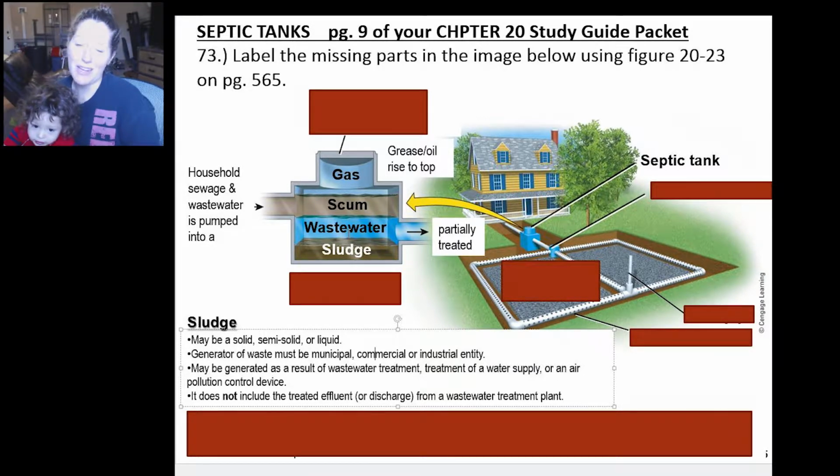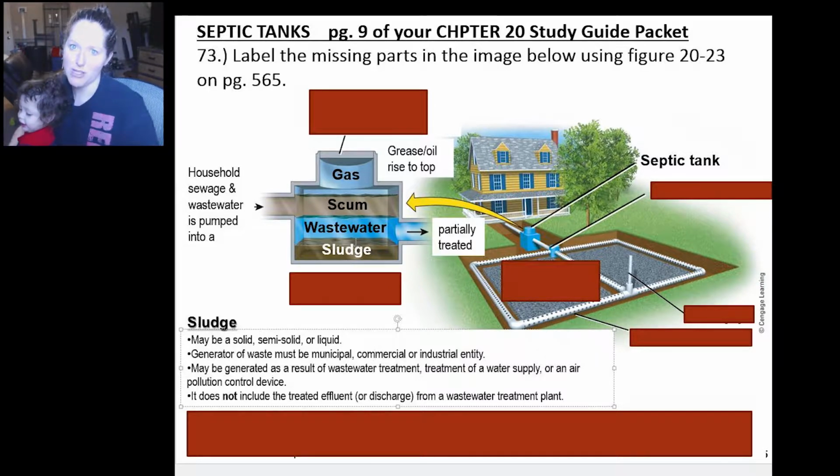So if you flush something down the toilet that is heavy, like maybe a tampon or something, if it can make it through all those pipes and not get stuck, it could actually end up in your sludge, which could be an issue because some of that stuff, depending on what it is, might not be able to eventually deteriorate or decompose by something like bacteria. Because what's really nice in your septic tank is you have bacteria living here that's helping break down that sludge.